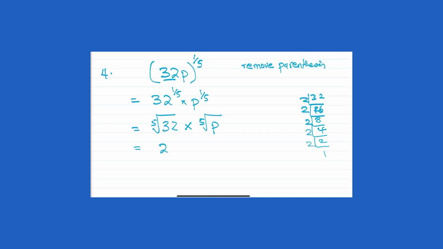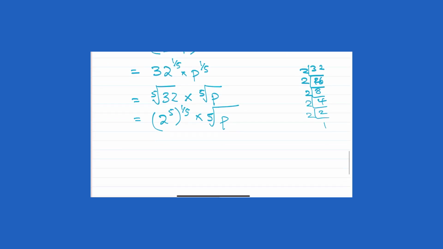So we have 2 to the power of 5, and then 1 over 5, and we leave p as it is because it's a variable. This 5 times 1 over 5 we cancel out, and we're going to be left with 2. So it will be 2 times p, and the radicand will be to the power of 5. So our final answer will be 2, you write a small subscript 5 here, and p, and this is your final answer. So let's quickly do the last one.